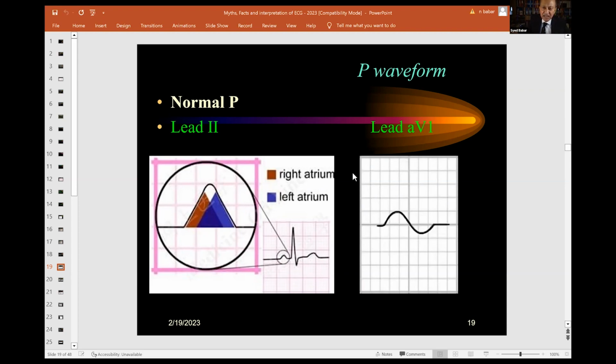And in V1, the first chest lead, you would see that the right atrium is predominant as upright, and then the left atrium is downsloping like that. So all of this bimodal is the P wave.